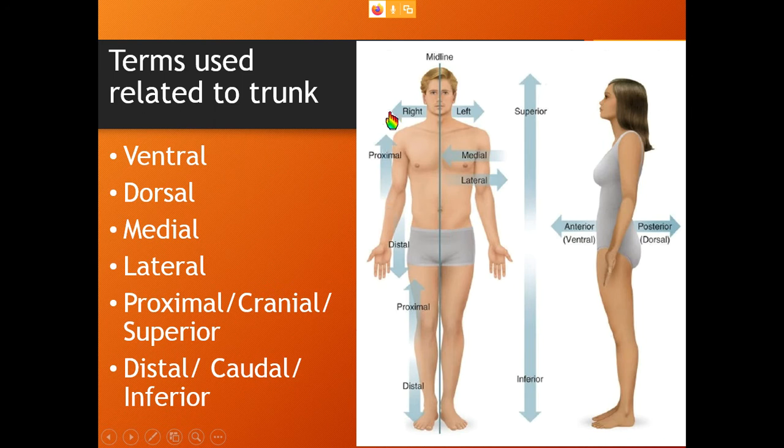Next one is proximal. Proximal means towards the head. Proximal is also called cranial or superior. Distal means towards the ground. Distal, caudal or inferior.